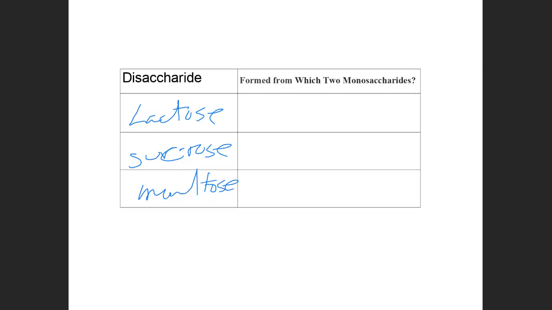So lactose is made from which two monosaccharides? Yeah, Lauren? Lactose is formed from glucose and galactose. Yep, glucose and galactose. What about sucrose?